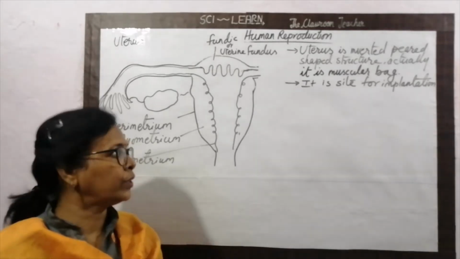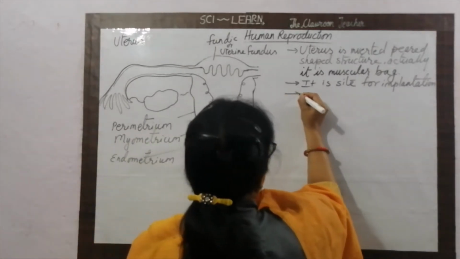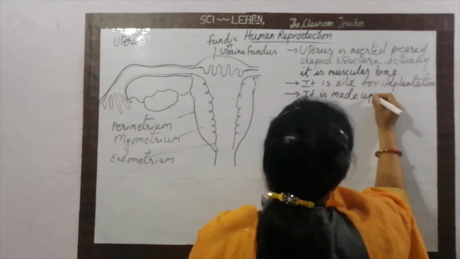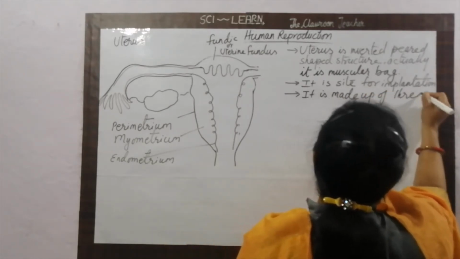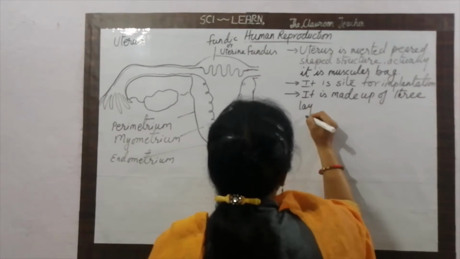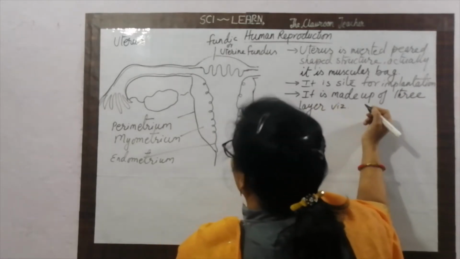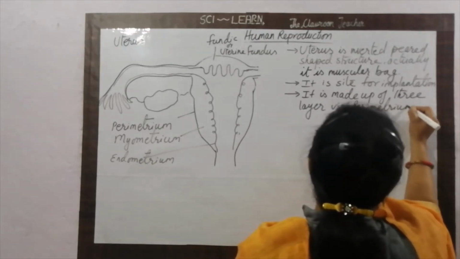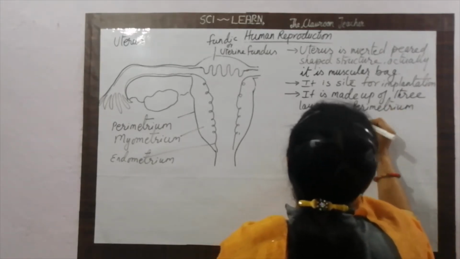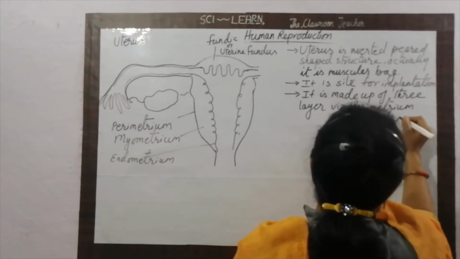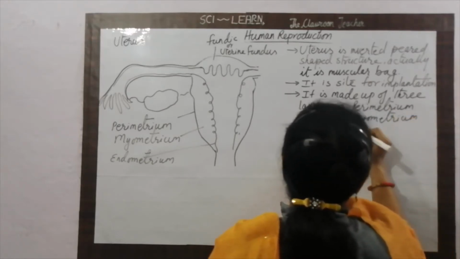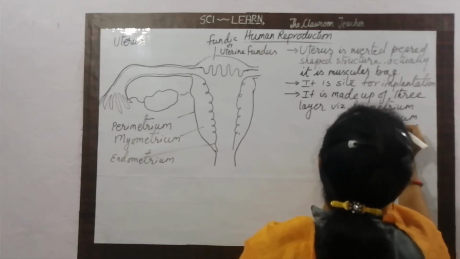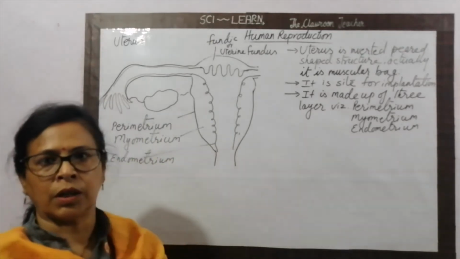The uterus is made up of 3 layers: perimetrium, myometrium and endometrium. These 3 layers compose the uterus.